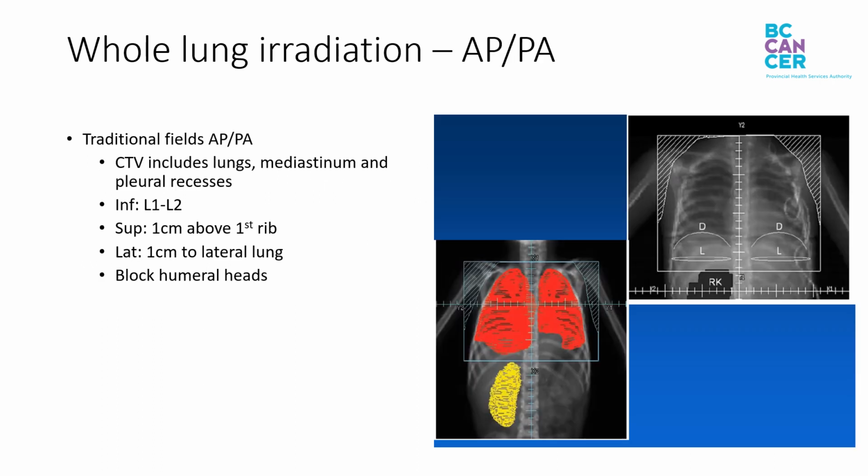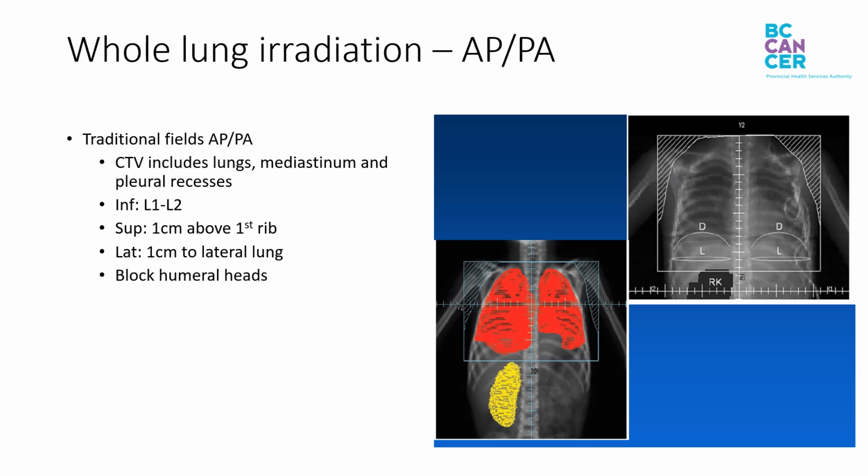This is an example of whole lung irradiation with AP/PA field. The CTV traditionally includes the bilateral lungs, mediastinum, and pleural recesses, and the field inferior border is around L1, L2, superior border is about 1 centimeter above the first rib, lateral field extends 1 centimeter beyond the lateral lungs, and you attempt to block the humeral heads.